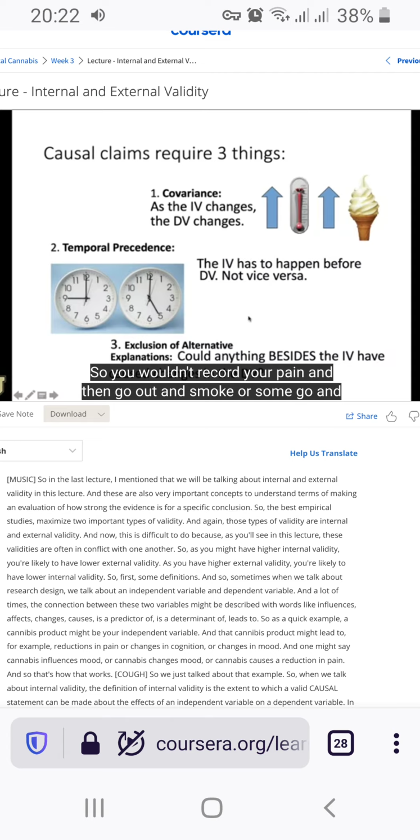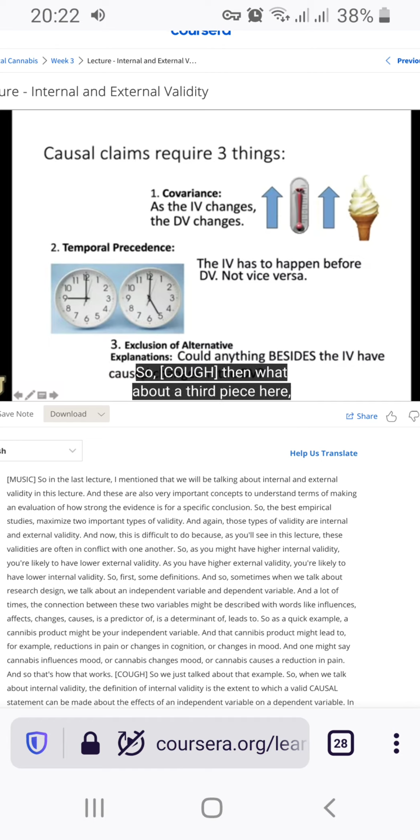So you wouldn't record your pain and then go out and use cannabis and then somehow decide that cannabis caused a change in your pain, because clearly it couldn't, because it happened after the pain. The IV, in our example, heat or temperature, must precede the change in ice cream consumption.